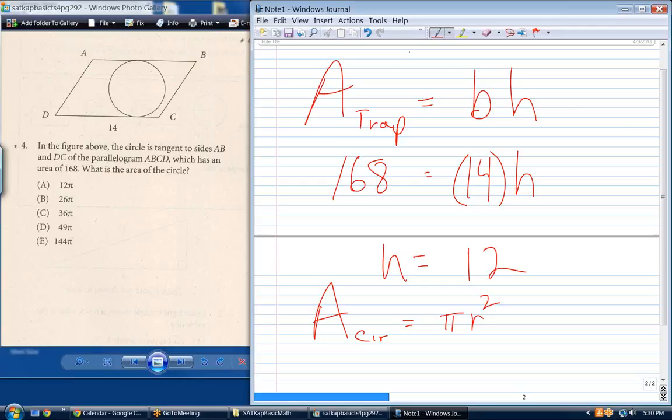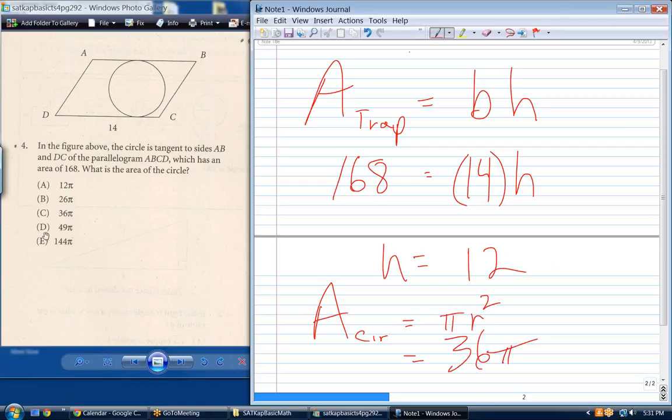No, the height would be the diameter of that circle. So 12 is the diameter. Okay, so the radius would be 6. So what's the area of this circle? 36 pi.